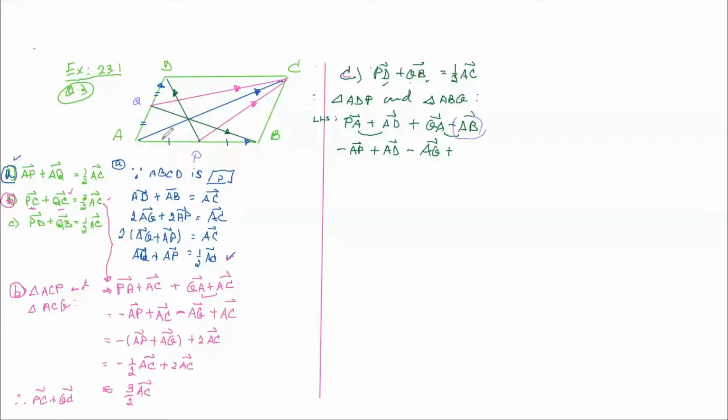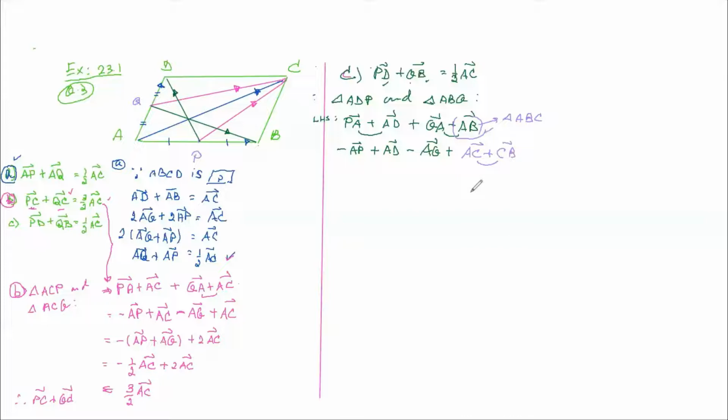So I use triangle ABC. From AB, you start at A, so AB equals AC plus CB. See the common point C, we got AB here.